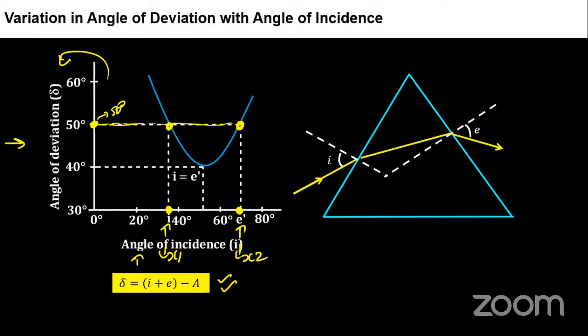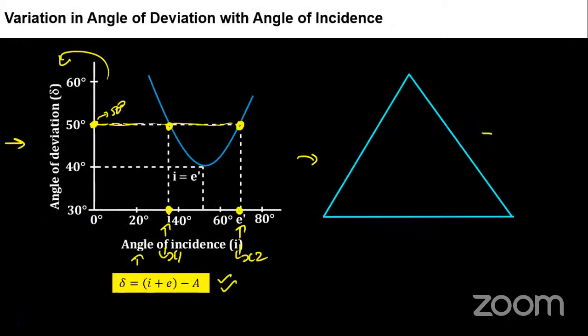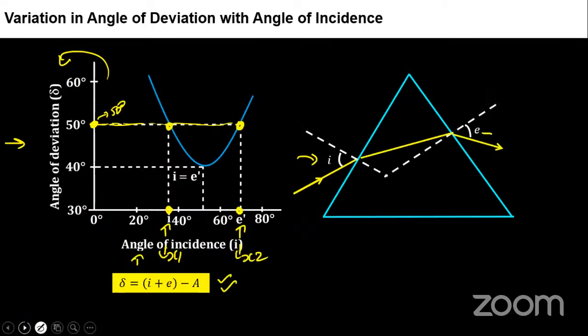So we can say there are two angles, and it looks like two angles of incidence, but actually they are the same. I mean, if you pass the ray like this, I, it will come out and show the E value. And again, if you pass a ray from the opposite side, this is for I angle, that is this x1, and E will be coming same.